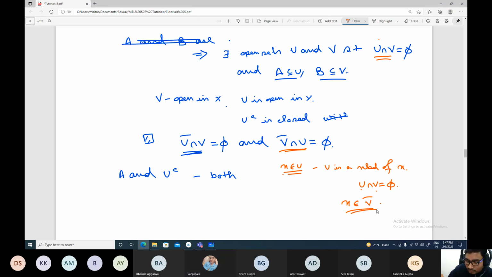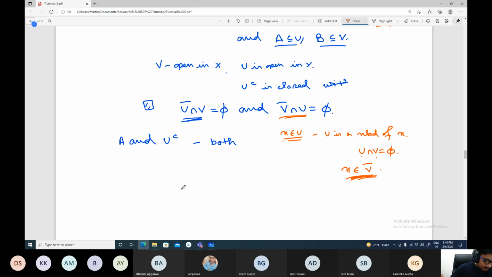No, sir. What do you mean by x is in the closure of V? It means every open set of x, or every neighborhood of x, has a non-empty intersection with V. Here U is a neighborhood of x which has empty intersection with V. Clear, sir.